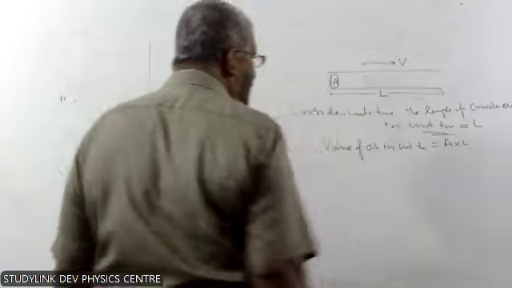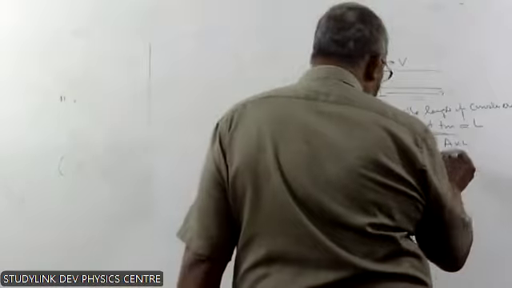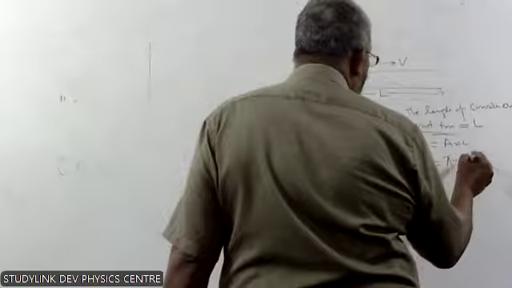The distance it travels is this much. Then volume is equal to pi r squared into L.